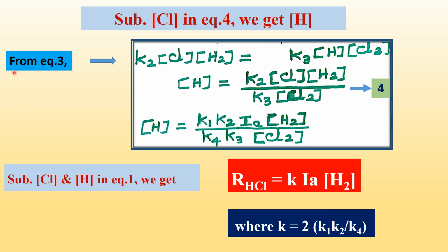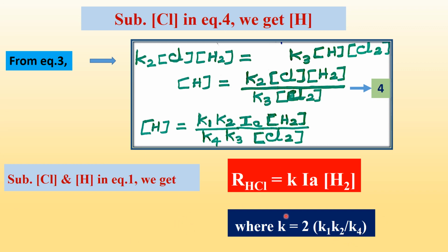So we have obtained the concentrations of chlorine atoms and hydrogen atoms by applying the steady state approximation. Substituting these two in equation 1 and simplifying, we get the rate of formation of HCl equals k I_A [H2], where k equals 2 k1 k2 divided by k4.